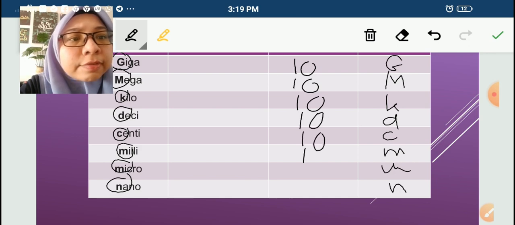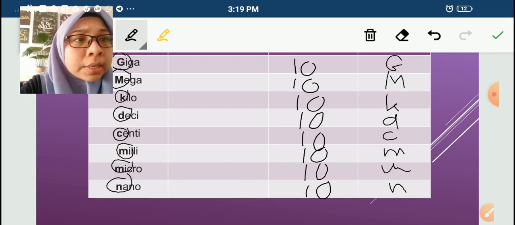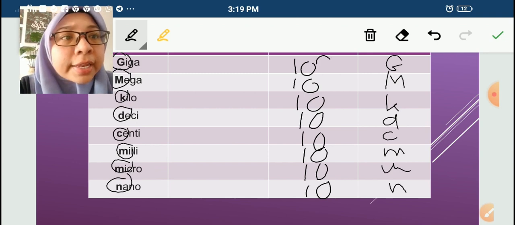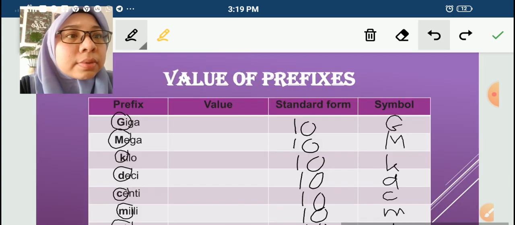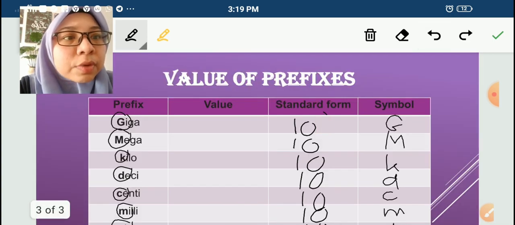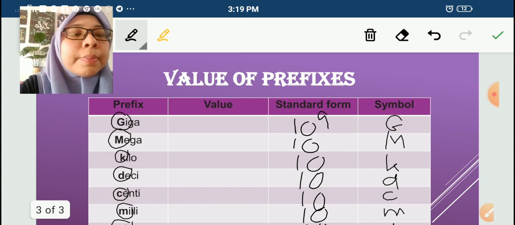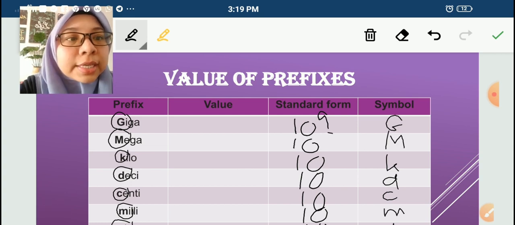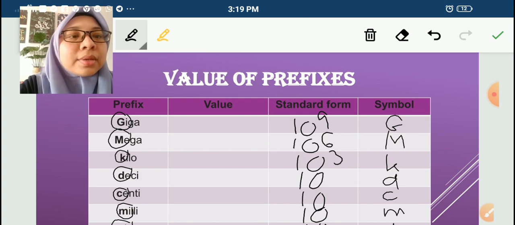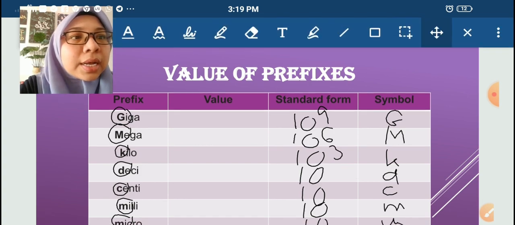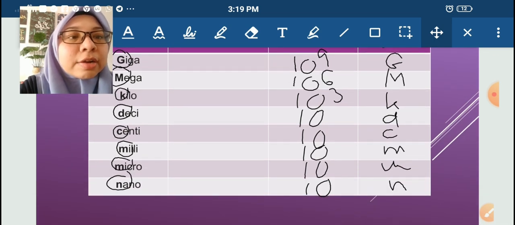This is standard form, which I will explain in the next class. Starting with giga, we start with 10 to the power of 9. Mega is 6, and kilo is 3. So 9, 6, 3, multiples of 3.